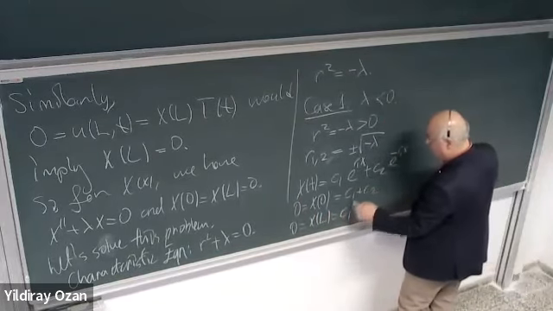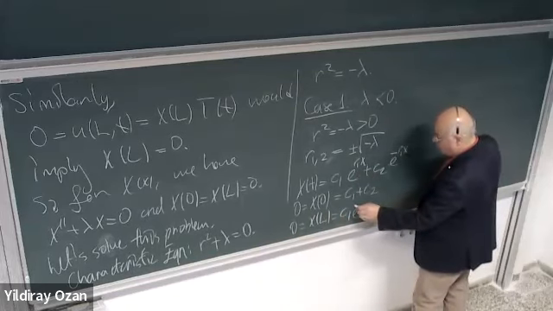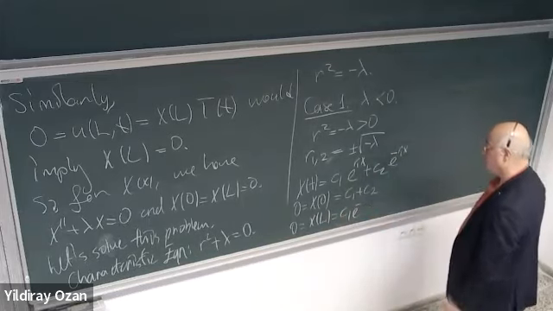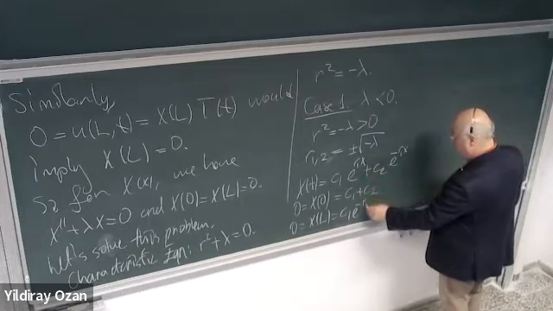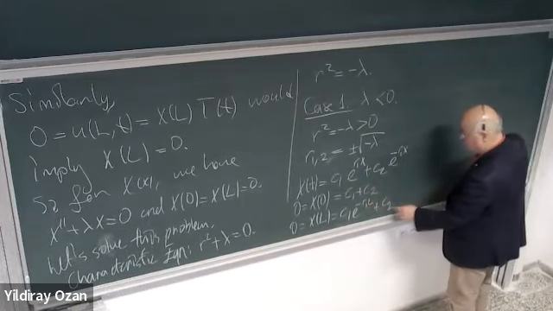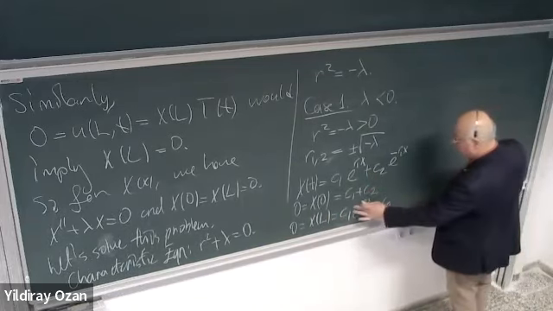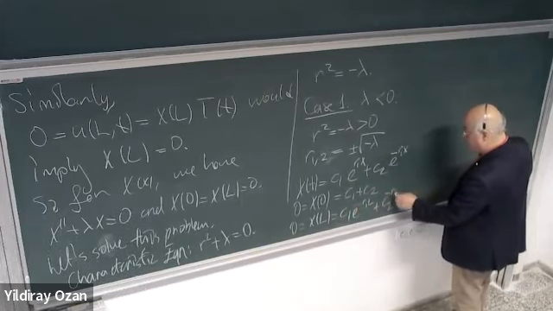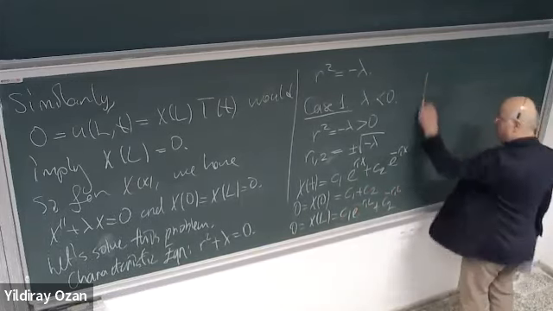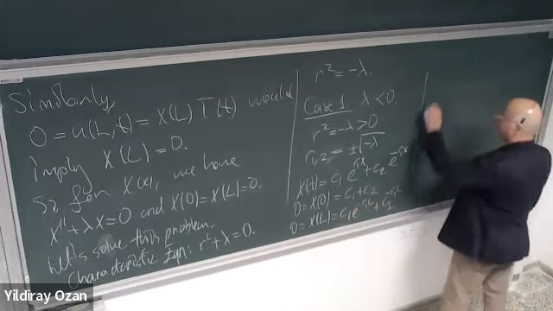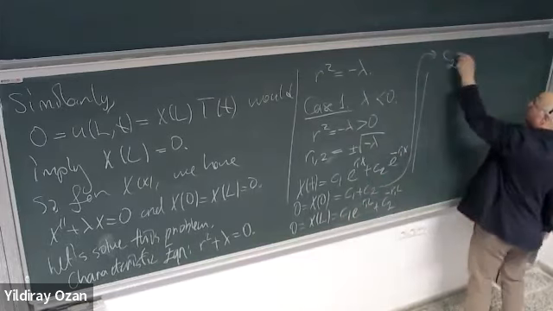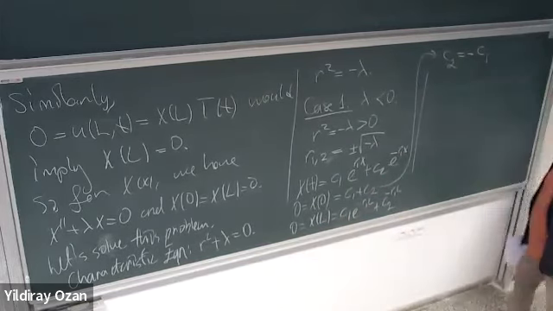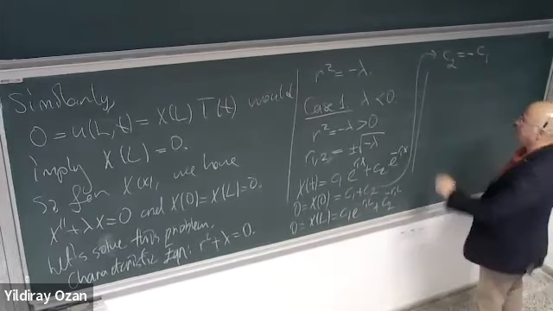So C1 e to the power minus R1L plus C2 e to the power R1L equals 0. Now, this equation gives us C2 is just minus C1. And let's plug it here.